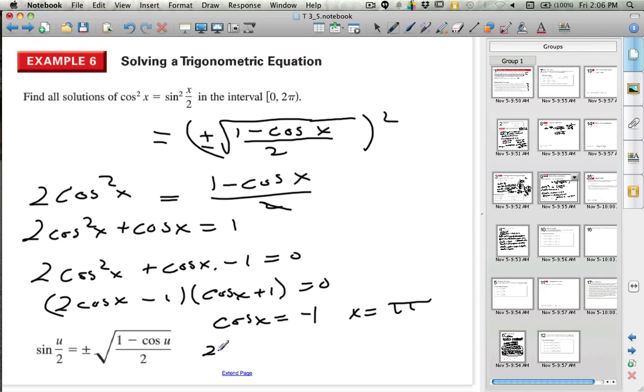And I'll have 2 cosine of x minus 1 equals 0. So that would be actually cosine of x equals 1/2. And where cosine equals 1/2, that would be here and here. So again, we're talking about pi over 3 and 5 pi over 3.